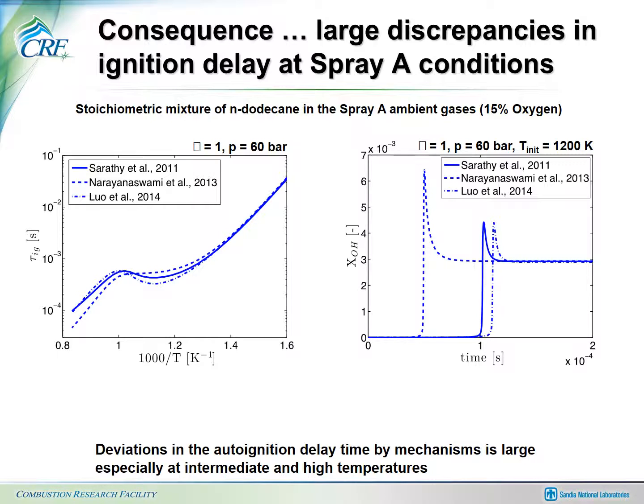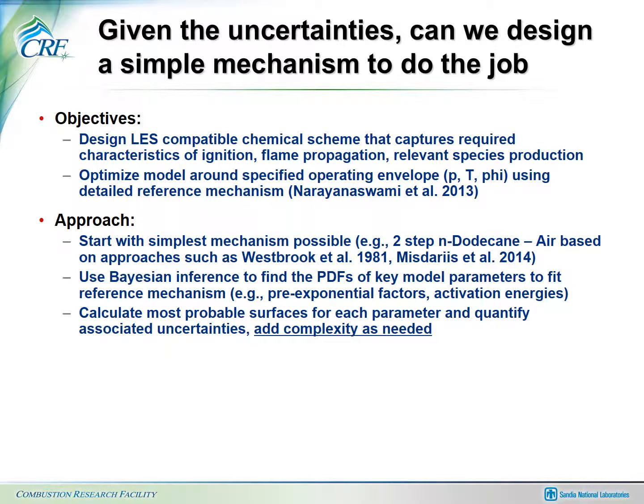But now if we look in particular at the plot on the right, you can see that each of them predicts significantly different ignition delay times. So the real question then becomes, what's the best way to approach chemistry, depending on what we're looking for.